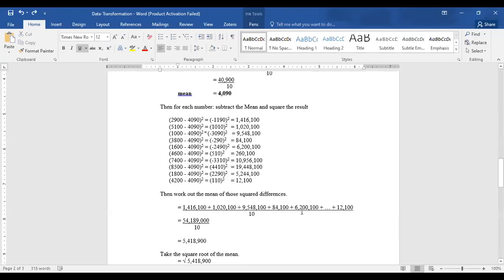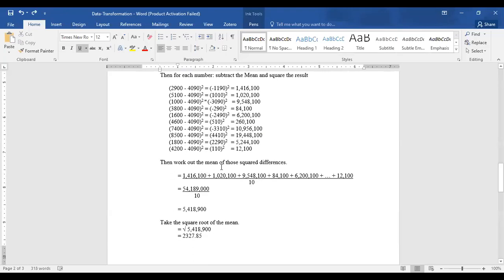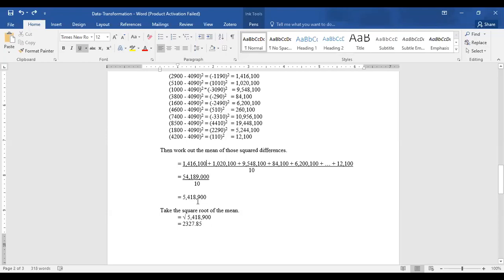So the summation of all the squared differences from earlier, and then multiplied by the data sets, and the mean of the computed value is equal to 5,418,900.